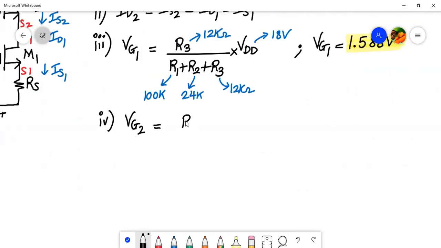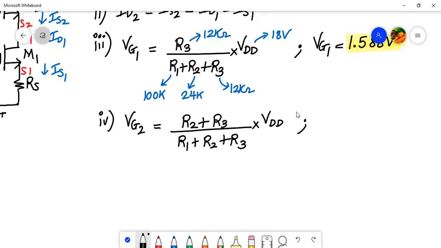Now we write over here R2 plus R3 divided by R1 plus R2 plus R3. So R1, R2, R3 values are there, 100, 24, 12. R2 plus R3 is 24 plus 12 and into VDD. VDD is 18.